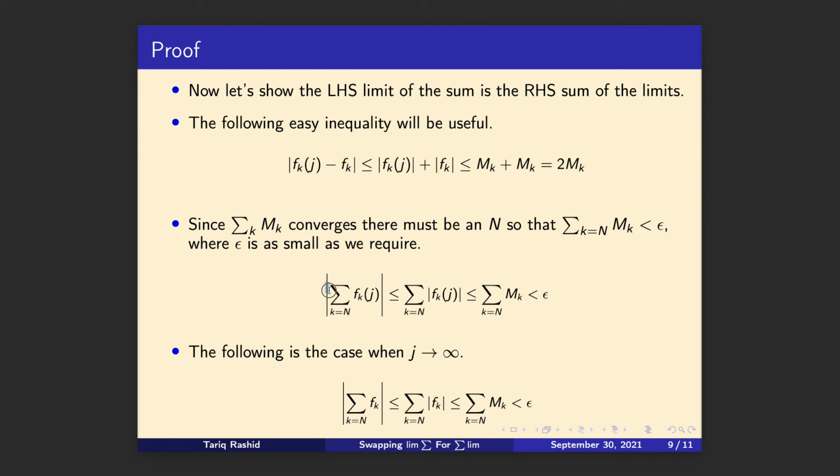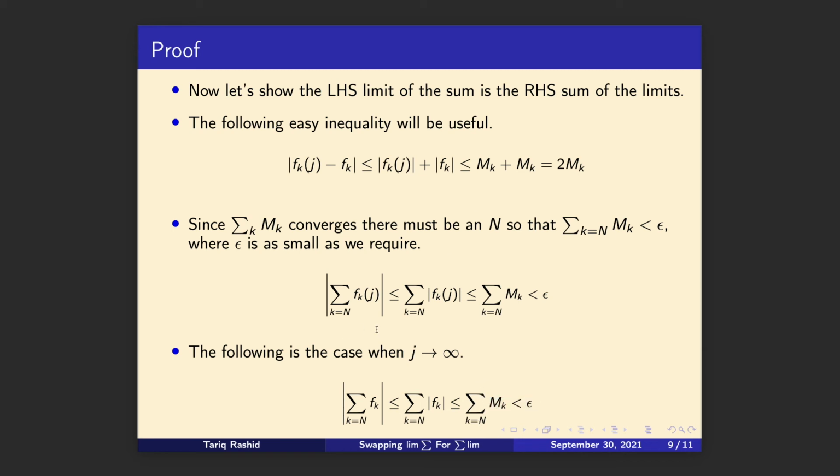So all we've done is copied this, pasted it, and replaced fkj with just fk, because when j goes to infinity, fk exists. And it's a simple parallel to say the magnitude of that sum is less than the sum of those magnitudes. It's dominated by mk, so it's a sum there, which is less than epsilon.